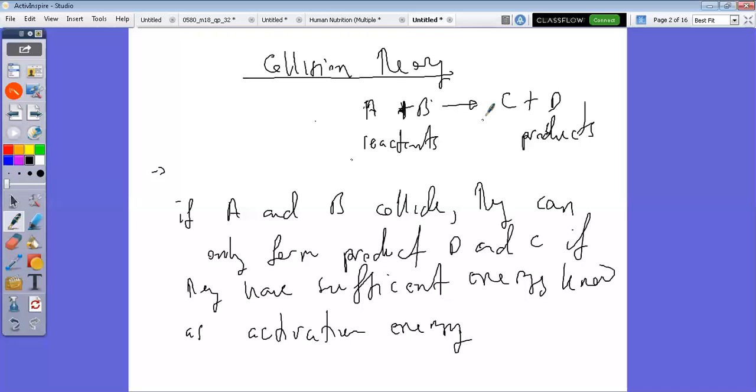That's the only way that they can form a new product.